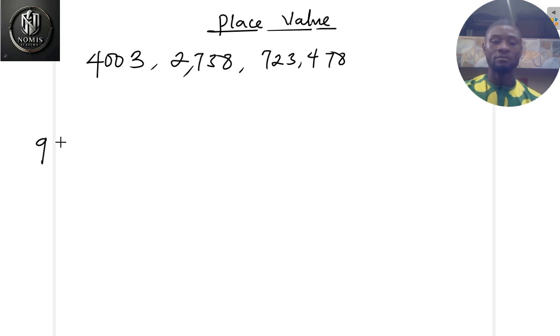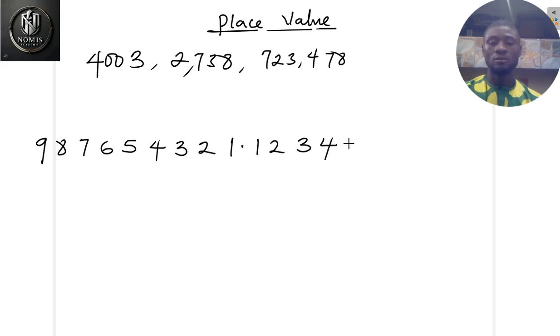Let's say we have 9, 8, 7, 6, 5, 4, 3, 2, 1, and then 1, 2, 3, 4, 5, 6, 7, 8, 9. There is a midpoint here, the decimal point. This decimal point separates the place values on the left-hand side from the right-hand side.